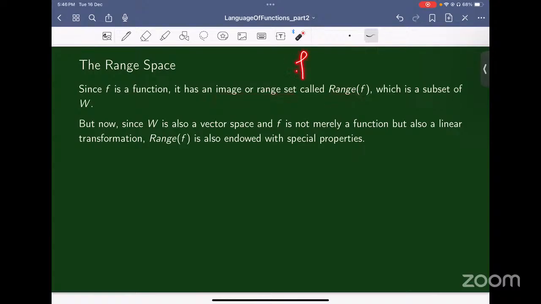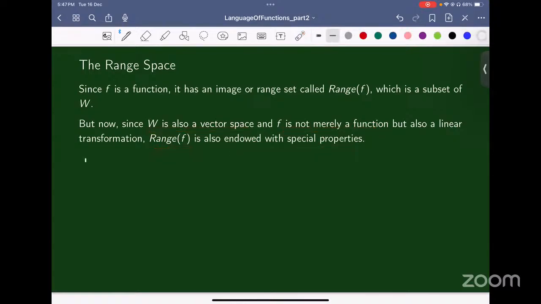This, simply by the fact that f is a map from V to W, tells us that the image of f lives in W, the codomain. But now, since W is a vector space, and f is not merely a function but a linear transformation, the range of f is also endowed with some special properties.